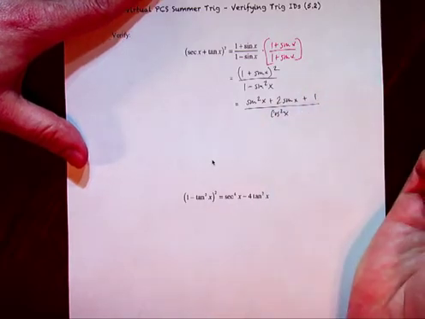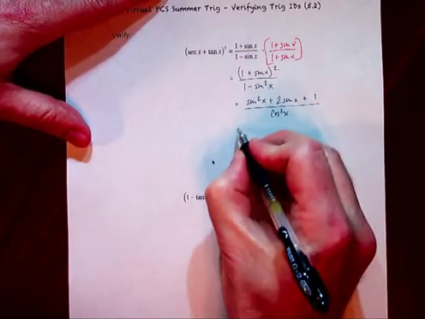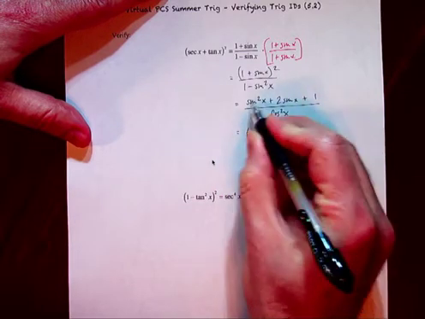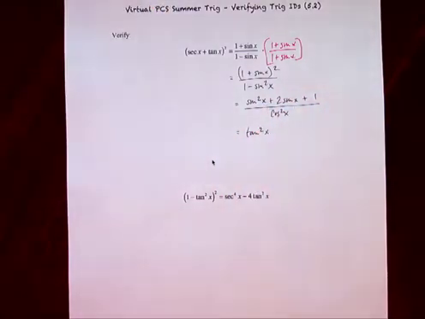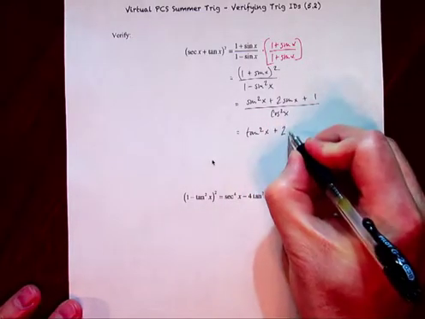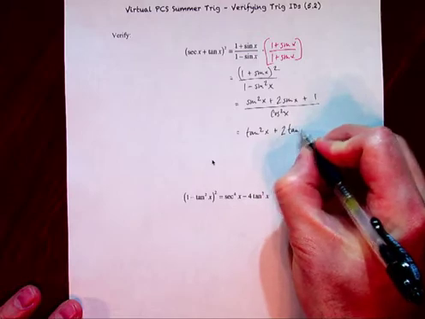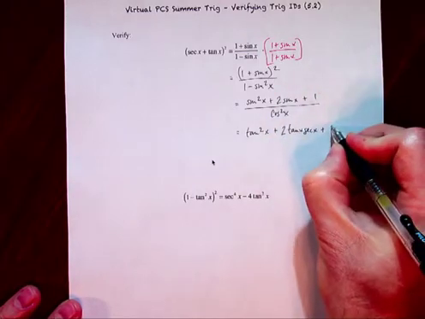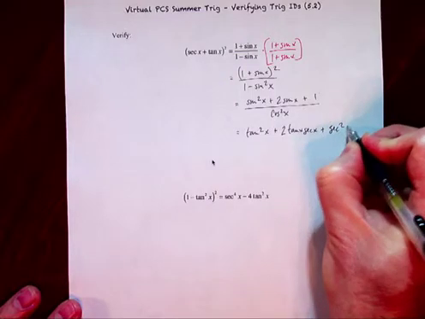Well, that winds up being kind of interesting, because when I separate that fraction and simplify, that becomes tangent squared x, that becomes 2 tangent x secant x, and when 1 is over cosine squared, that becomes secant squared x.